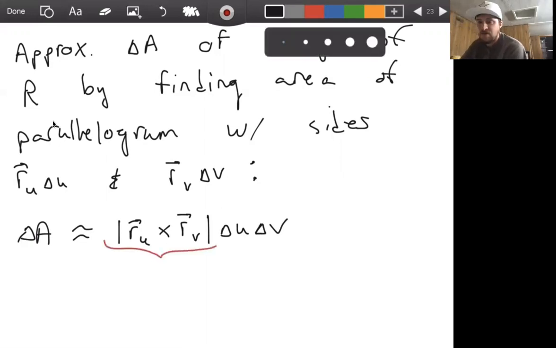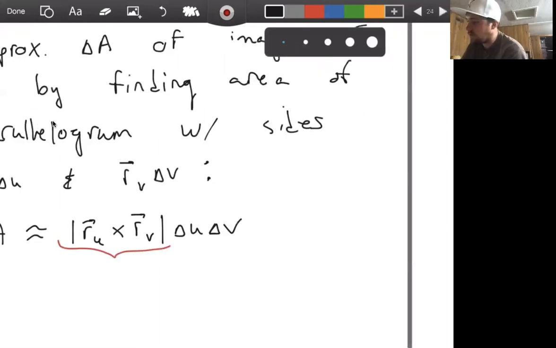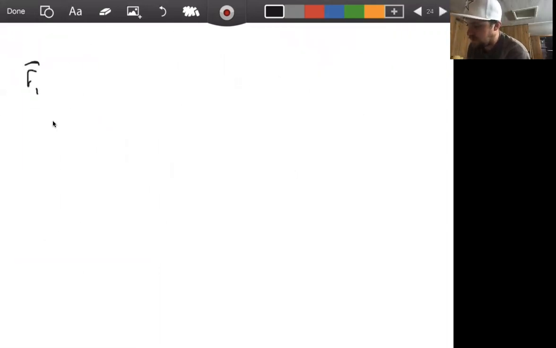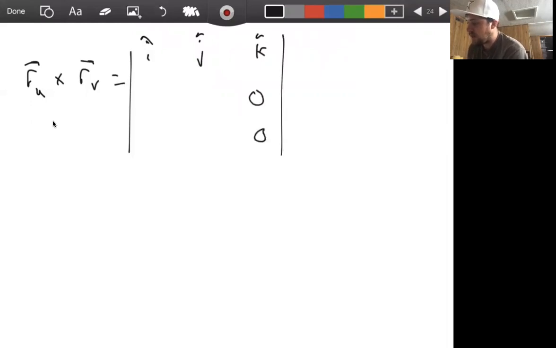Well, R sub u and R sub v are two-dimensional, so we'll need to throw in some zeros, right? Let's calculate what R sub u cross R sub v is. We can view these as three-dimensional vectors by adding zeros to the k component, and so R sub u was dx du, dy du. R sub v was dx dv, dy dv.